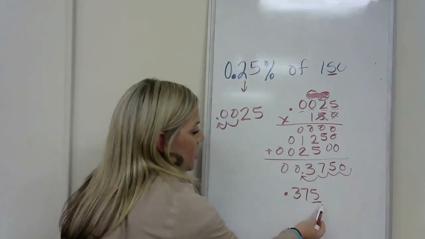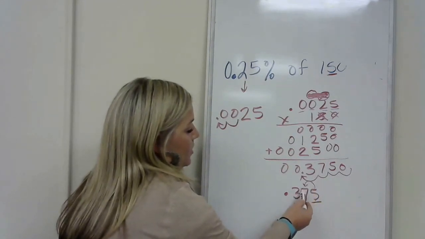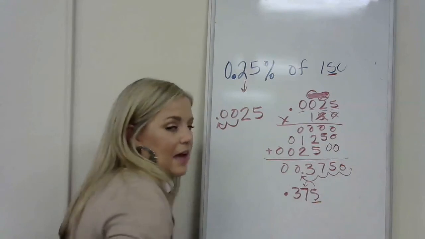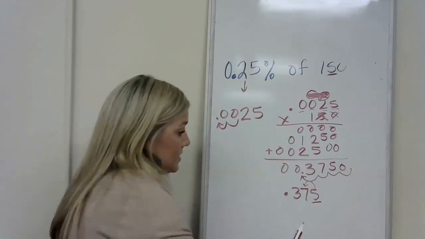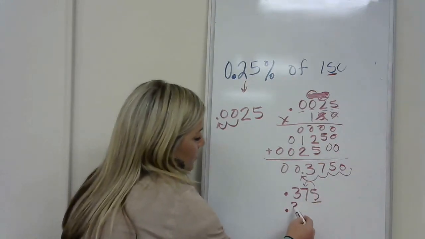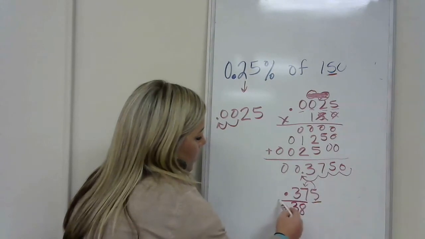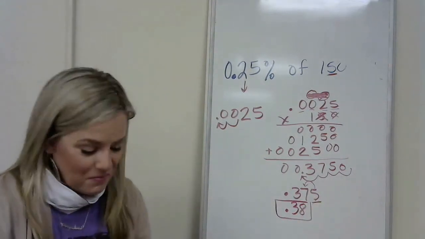So this 5 right here is going to determine what happens to the 7. 5 or more, let it score. 4 or less, let it rest. This is 5 or more, so that's going to score. So the answer would be 0.38.